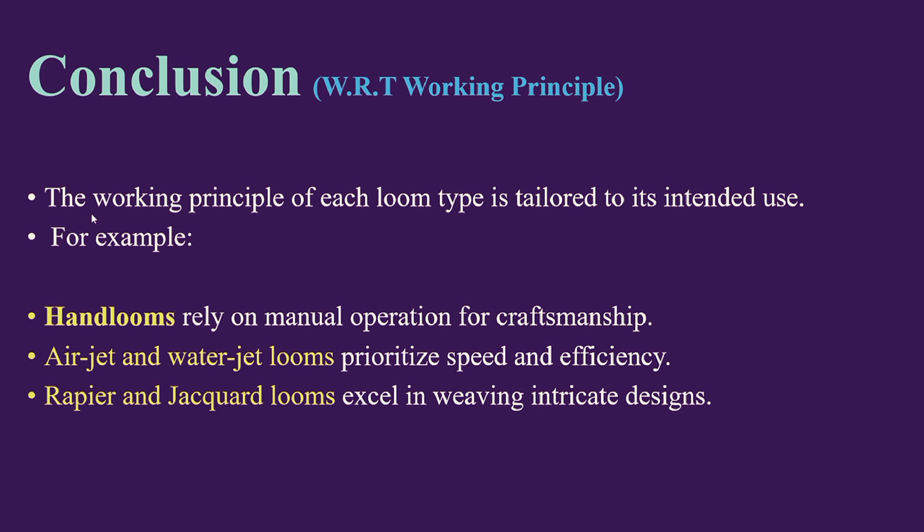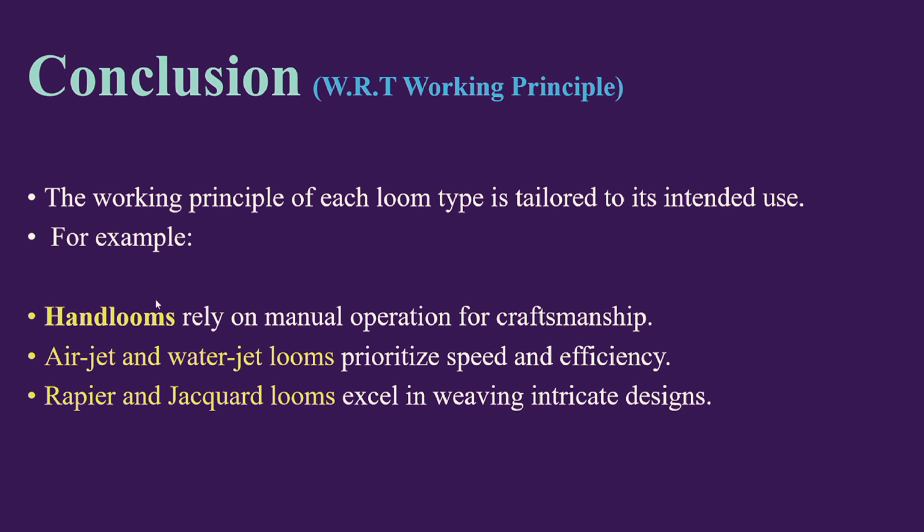For example, hand looms rely on manual operation for craftsmanship. Air jet and water jet looms prioritize speed and efficiency. Third category is rapier and jacquard looms excel in weaving intricate designs.